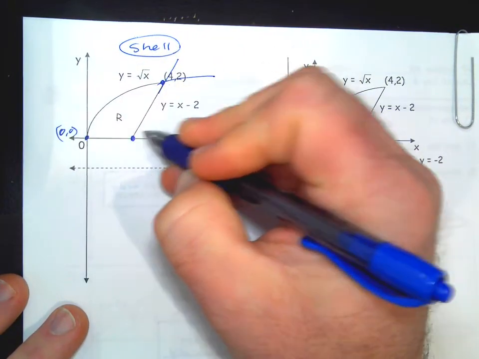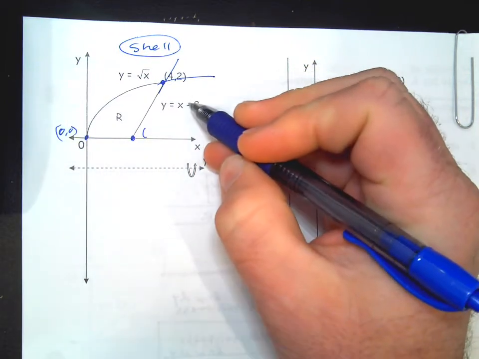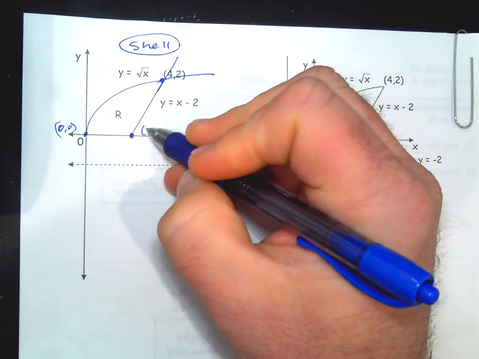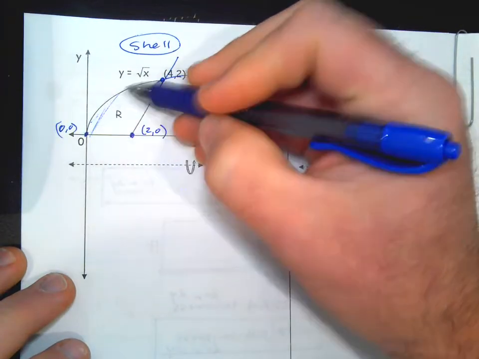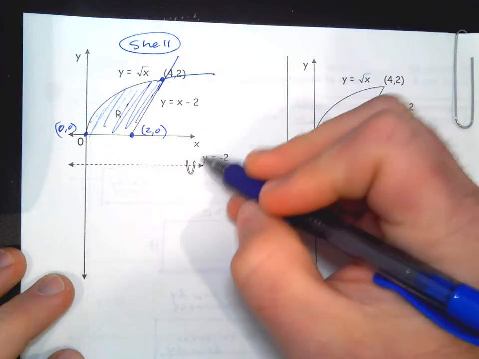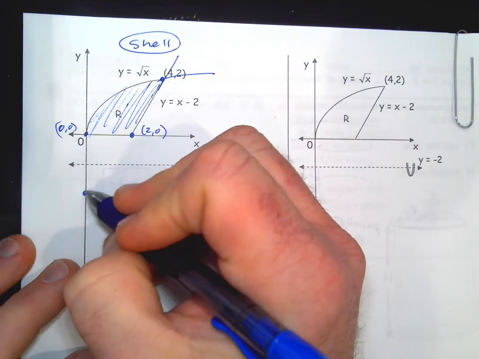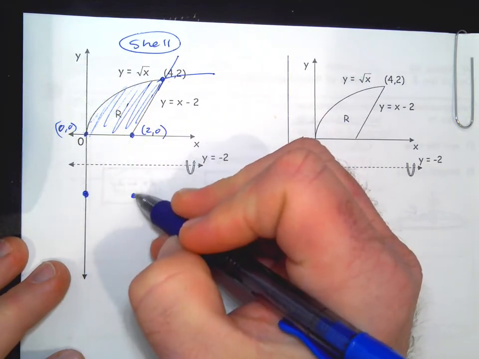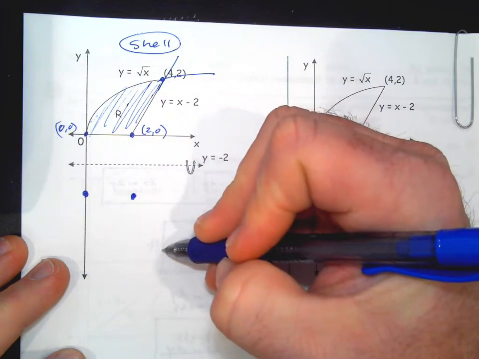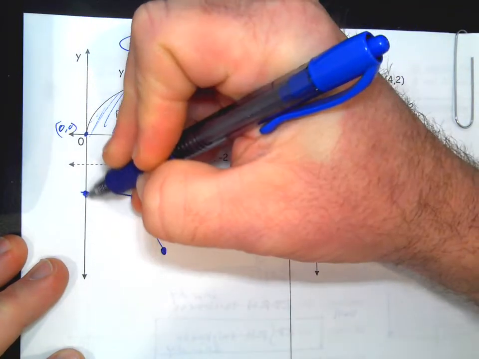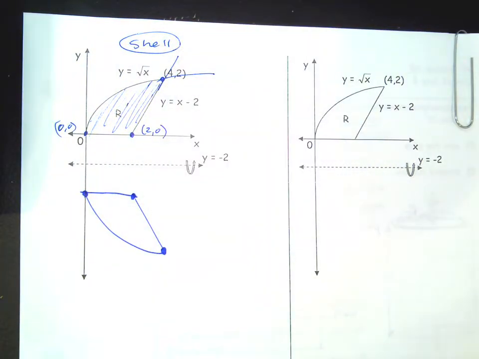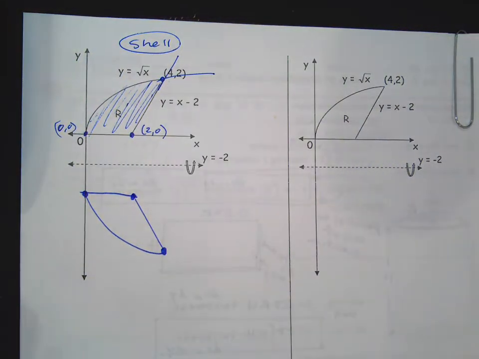This is, well, let's see, x-intercept of this line, which would be y equals 0. This would be 2, 0, just in case we need that. So this is the visual region. We're going to spin it around y equals -2. So what I do is I try and get these corners first and then connect them with lines. To me, that's the quickest way.